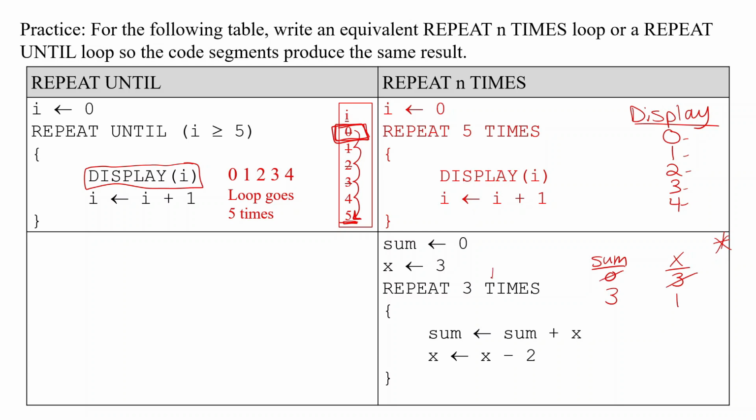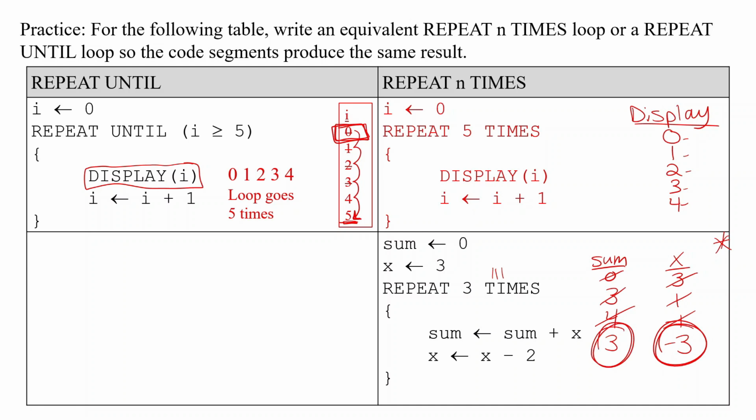And that was 1 time. The second time, I add them together, subtract 2 gives me -1. And then the third time through, I add them together, I get 3, and then I subtract 2 and I get -3. And that's repeating that loop 3 times. So I end when sum is 3 and x is -3.